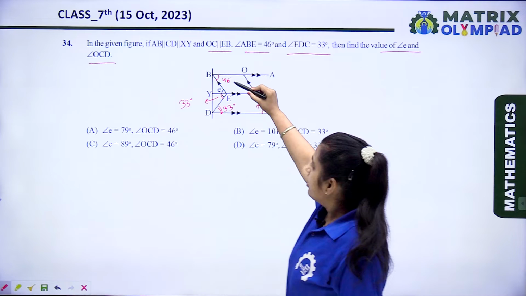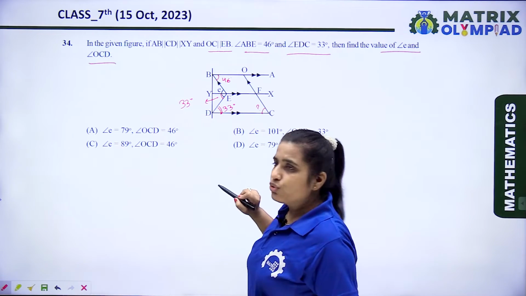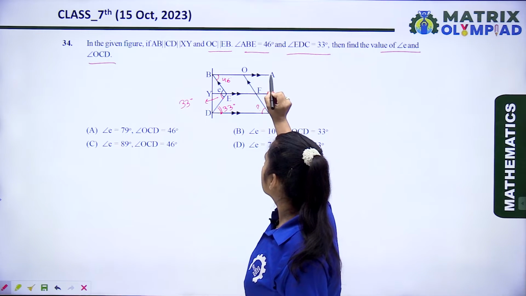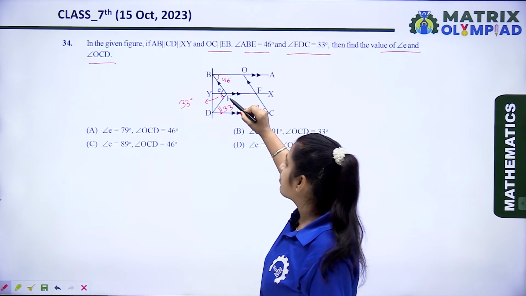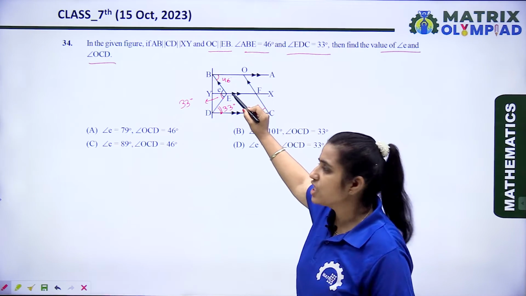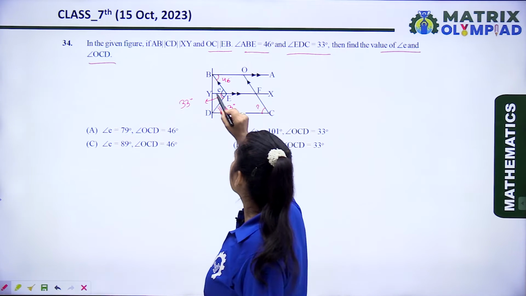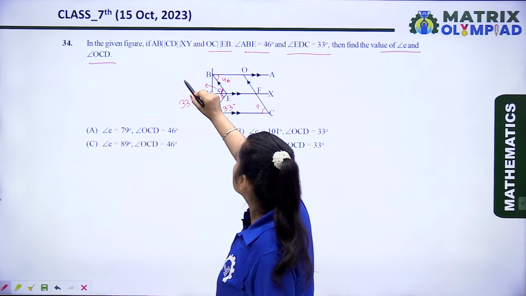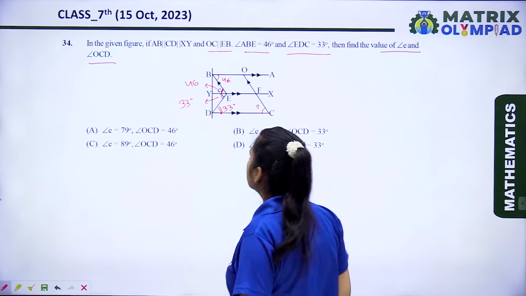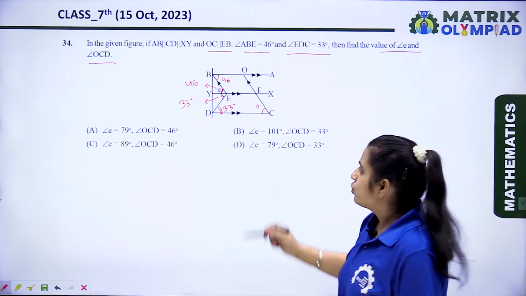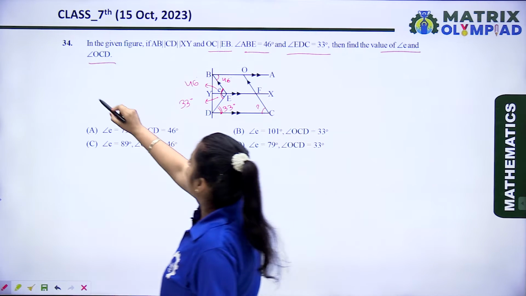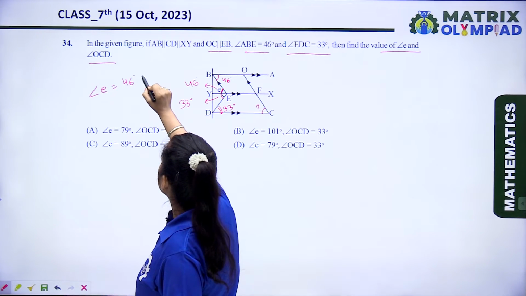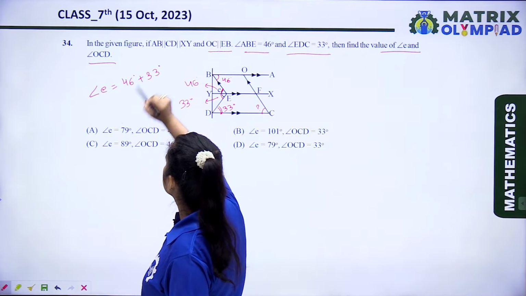So here BE is transversal to them and here 46 degree is given as angle ABE. Now ABE is equal to angle YEB because these two angles are also alternate interior angles. So to find out angle E, we will just add them: 46 plus 33 degree.